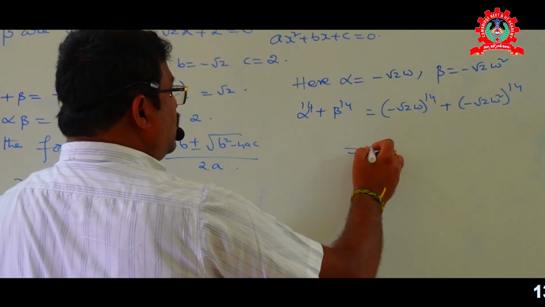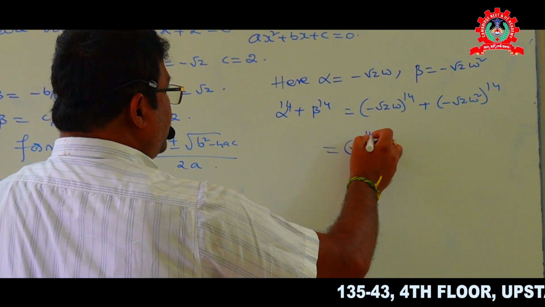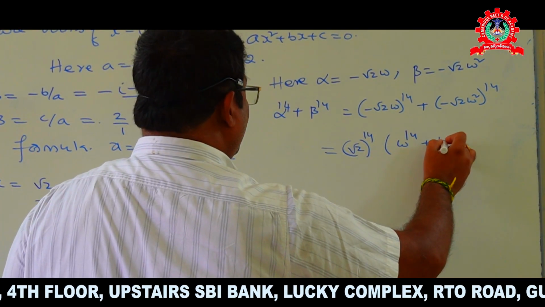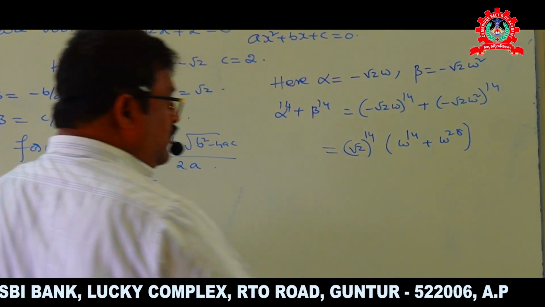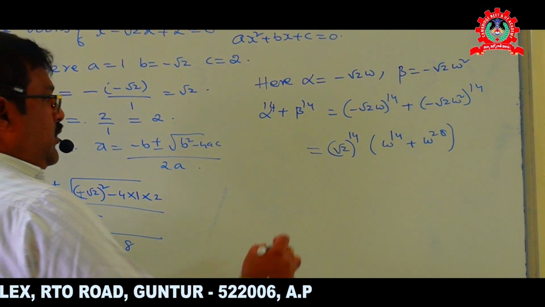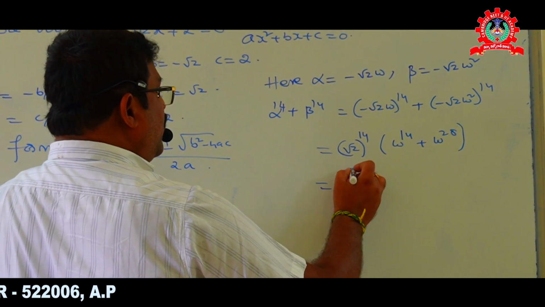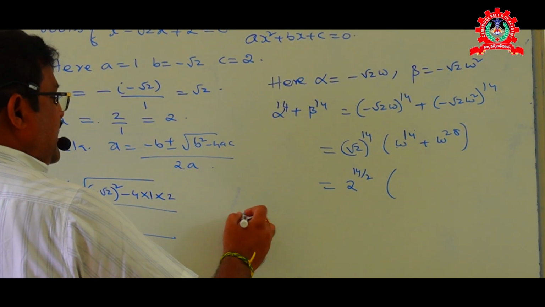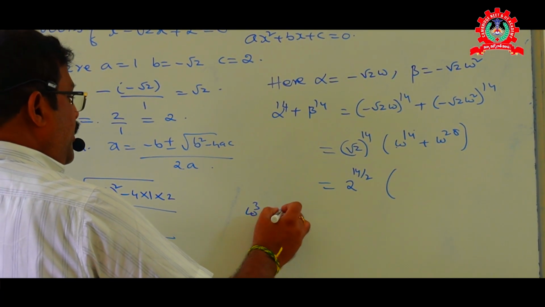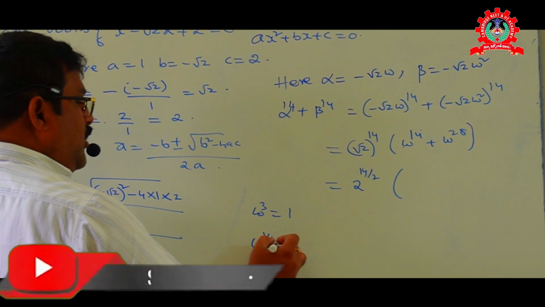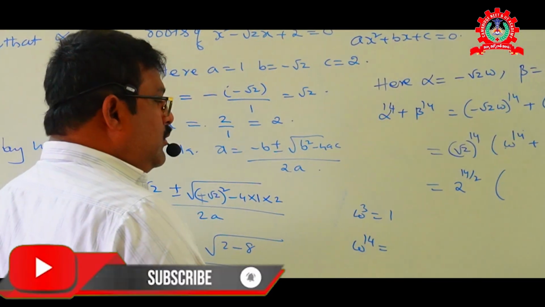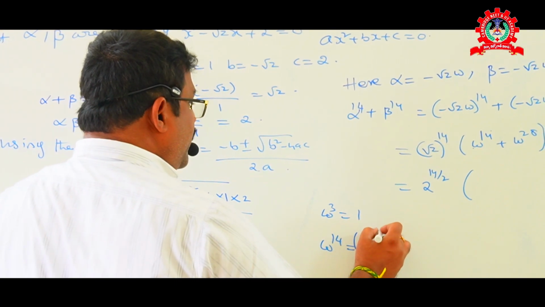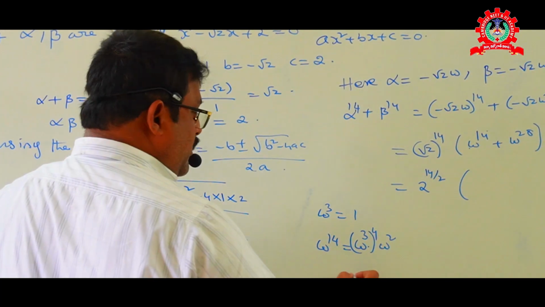That is equal to root 2 power 14 into omega power 14 plus omega power 28, that is 2 power 7, since omega cube is equal to 1. Now the value of omega power 14 is omega cube whole power 4 into omega square.